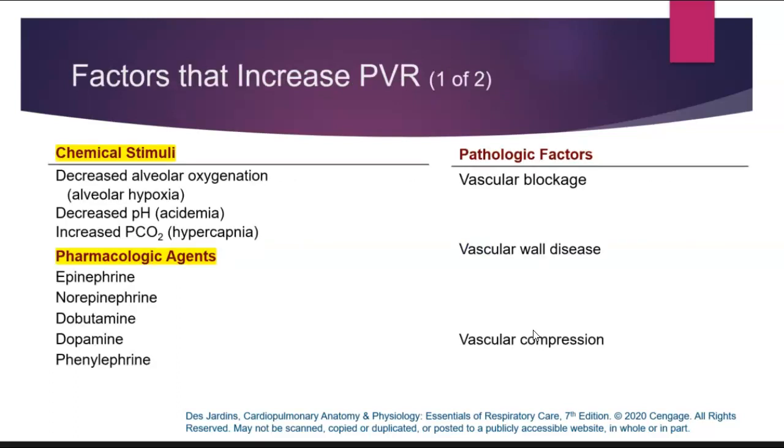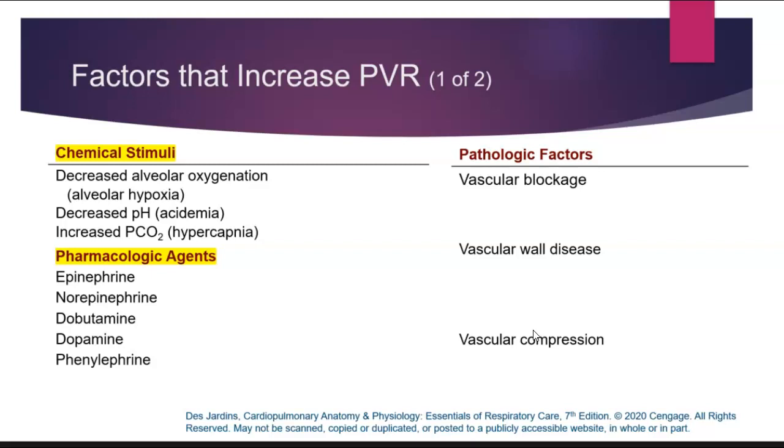Factors that are going to increase my pulmonary vascular resistance can be any type of chemical stimulant. As we learned in controls of breathing, we have chemoreceptors in our body that are impacted by CO2 levels and PaO2 levels.